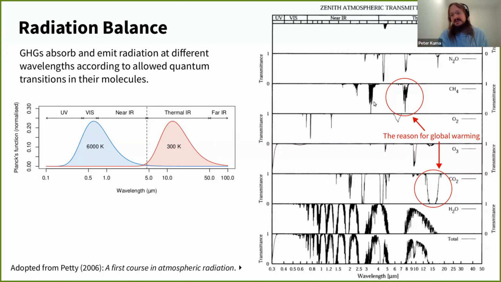Then methane is another greenhouse gas, and that absorbs at around 8 or 9 microns. Because it's a different wavelength from CO2, it has a different effect. It's said to be a stronger greenhouse gas, but that's because its absolute concentration in the atmosphere is lower, and so the relative change causes a bigger effect.